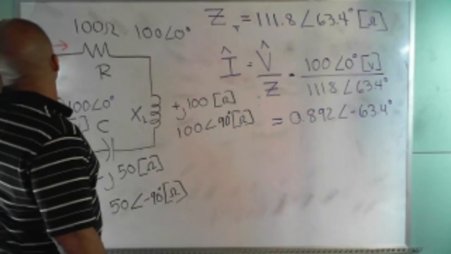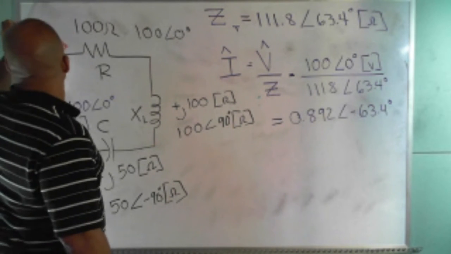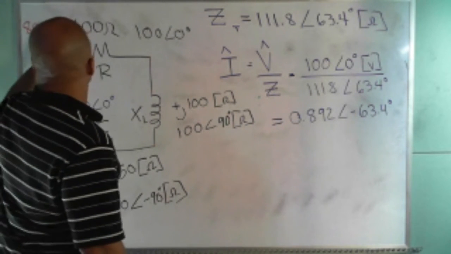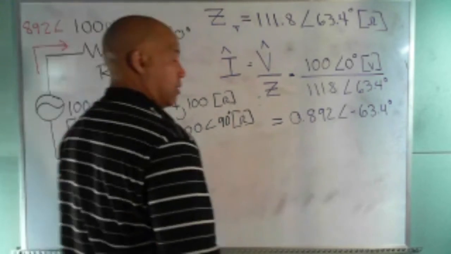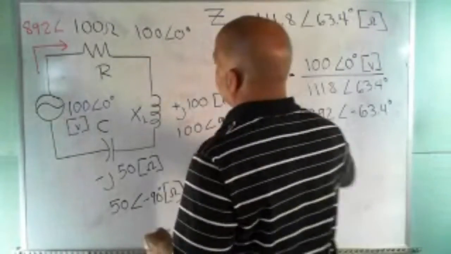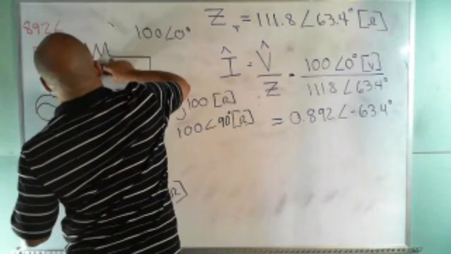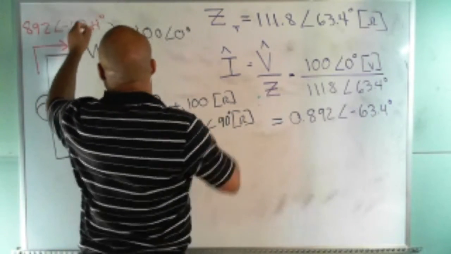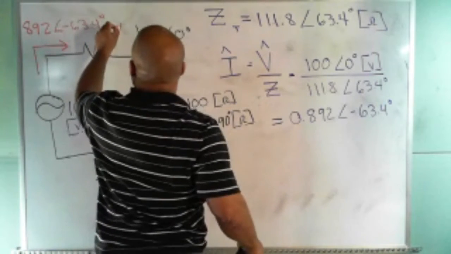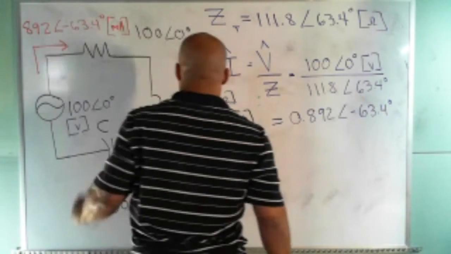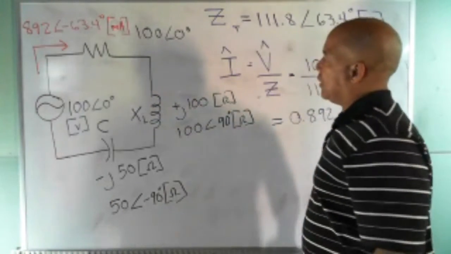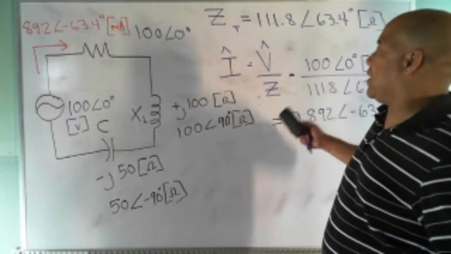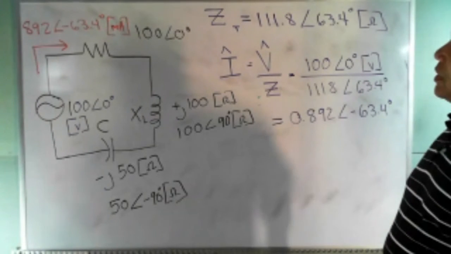So 892 angle minus 63.4 degrees, and that would be in milliamps. I don't know if I should have shown it in milliamps because none of these are in K. So I probably should have left it in amps, but it doesn't matter. You can see what I'm doing. So I got my current.